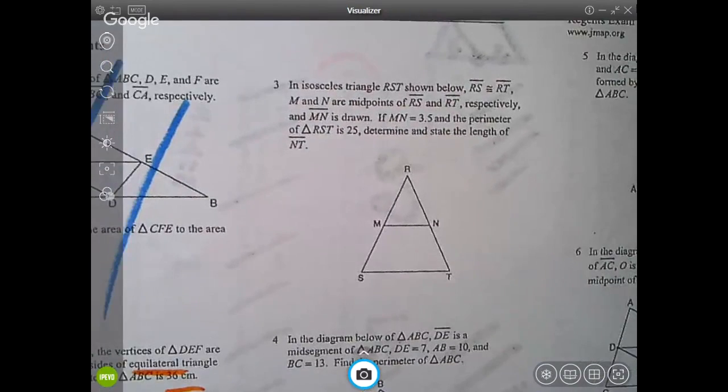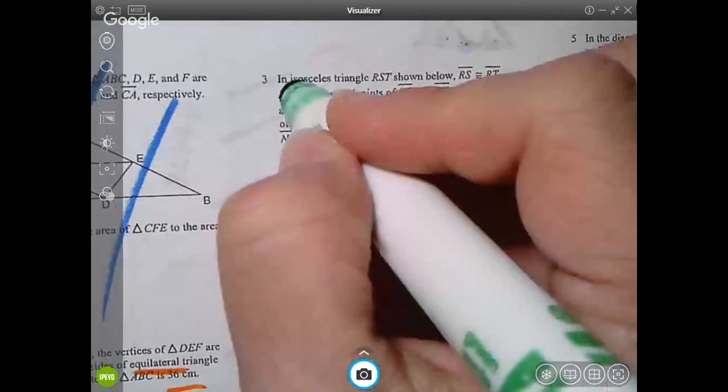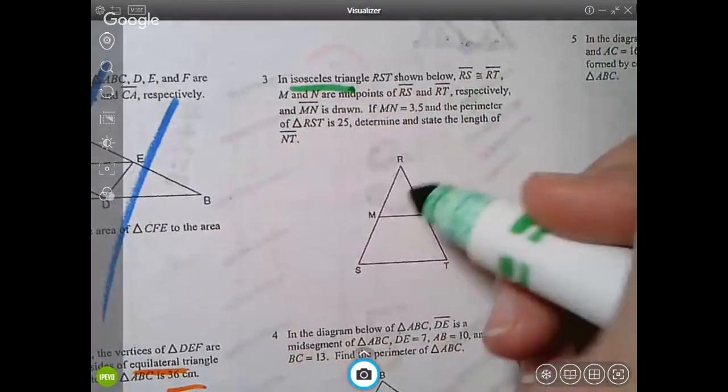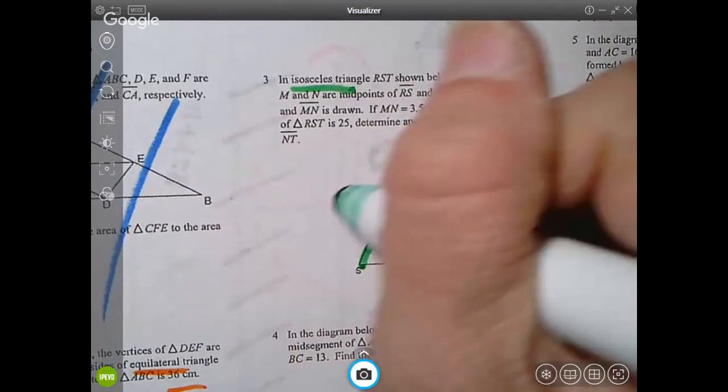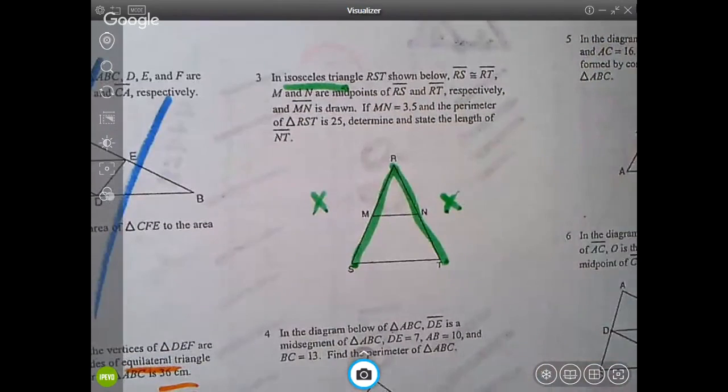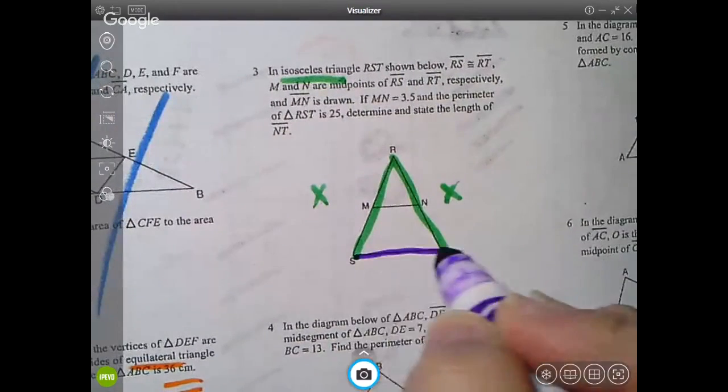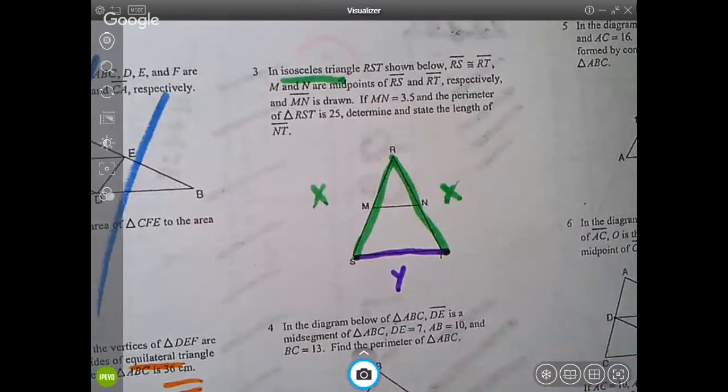This says an isosceles triangle, RST. RS and RT are the same, so I'm going to make them both green, and for our purposes I'll just call them both X. We know that it's isosceles, so this is going to be different, so I'll color it a different color and write Y. Okay, M and N are midpoints of RS and RT, and MN is drawn.